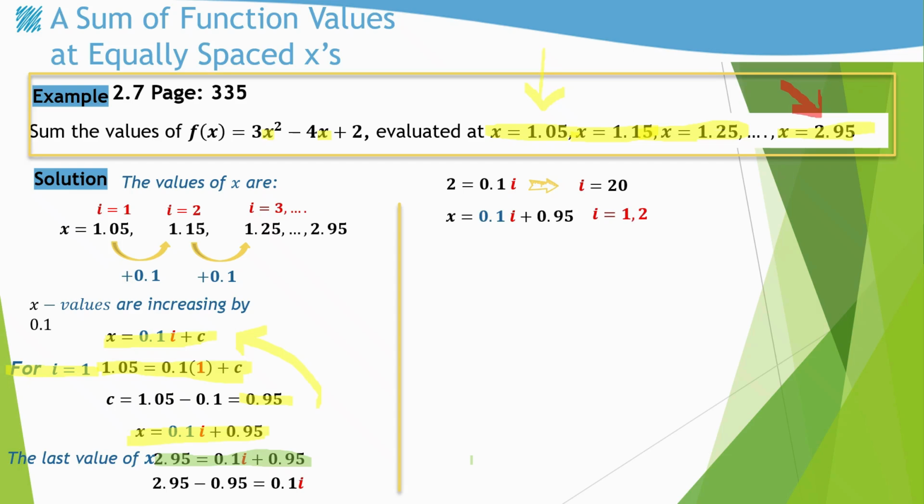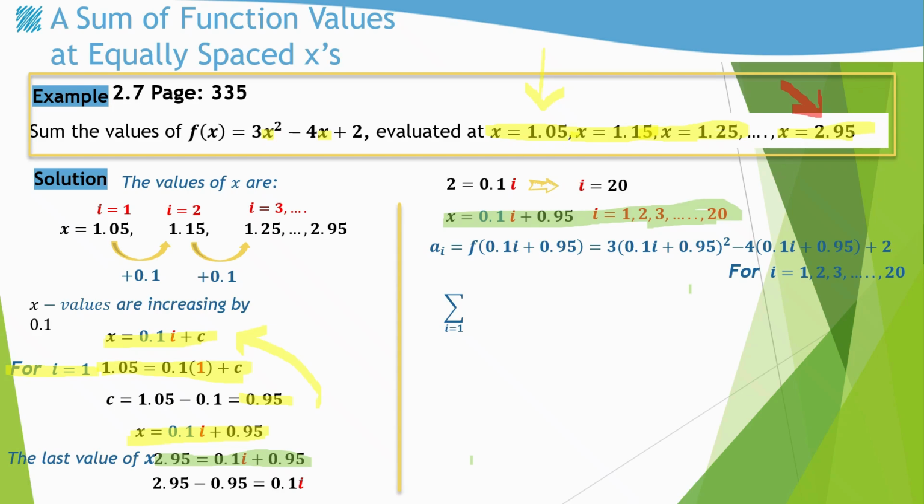Now everything is clear. You have your x, and also the range of i as 1 to 20. Okay, up to this clear? If you have any doubt, please pause the video and replay from this question start. Okay, now let's continue.